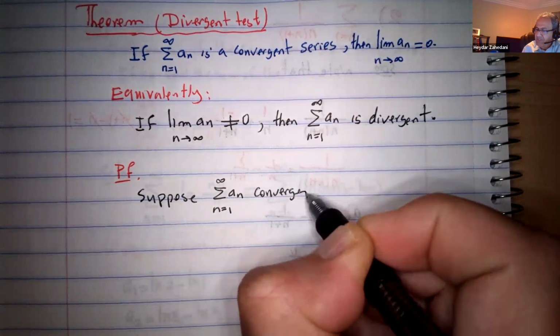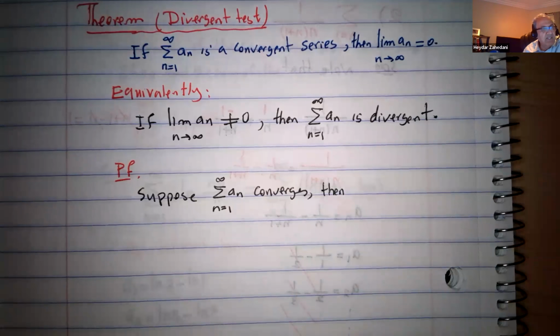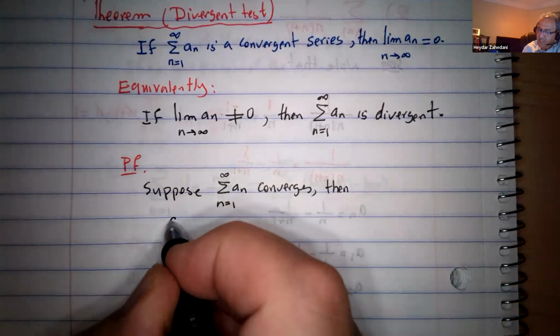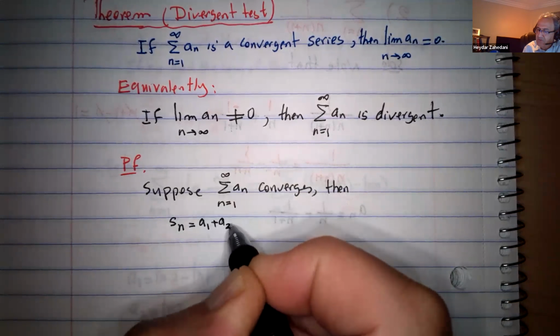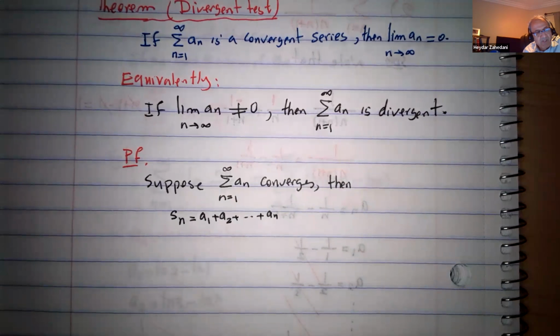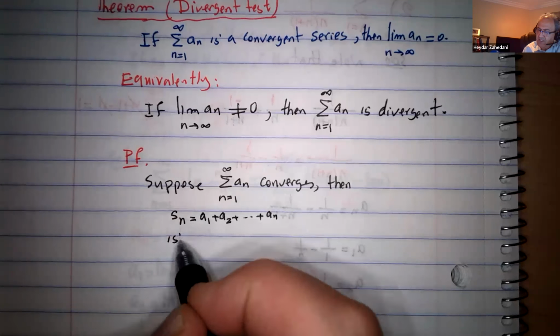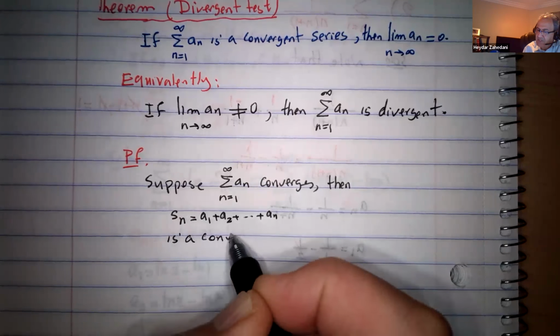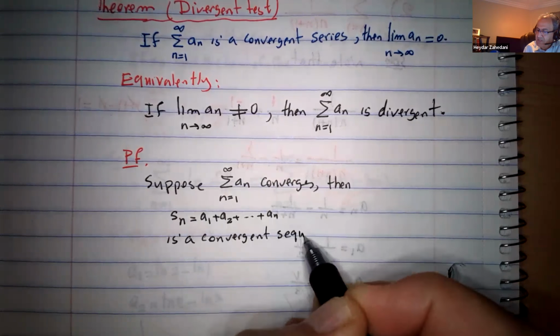What does it mean? Then, remember Sn that we talked about, Sn, which is a1 plus a2 up to an. This Sn is a convergent sequence.